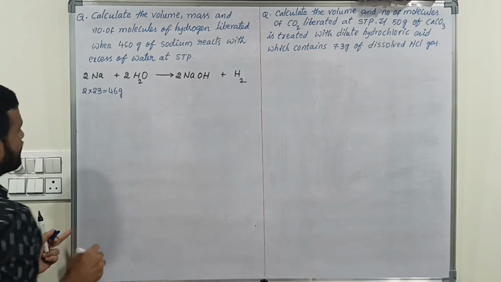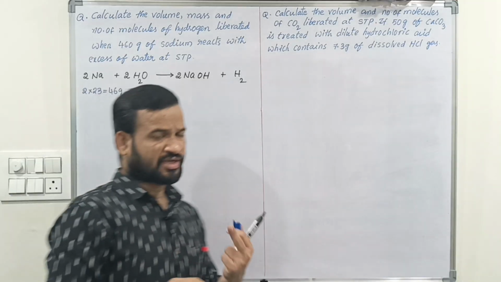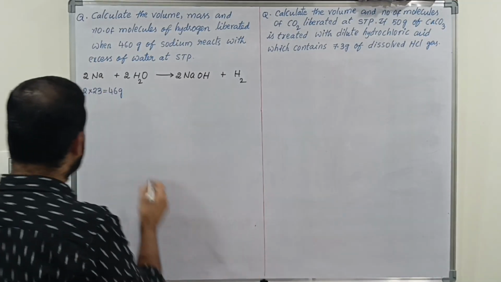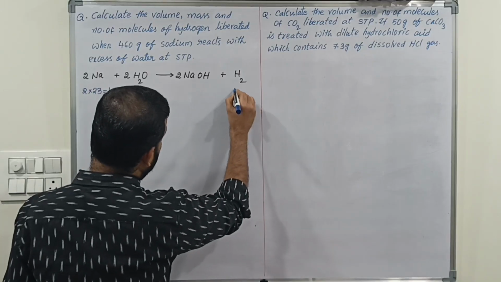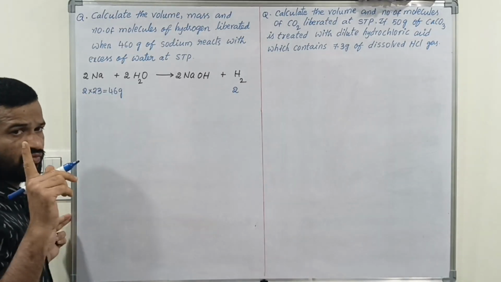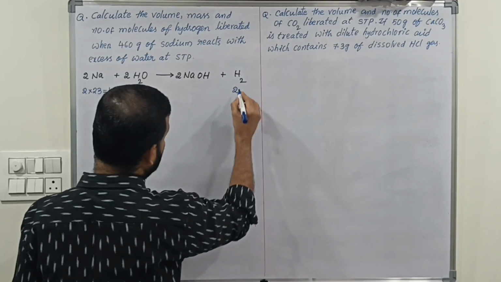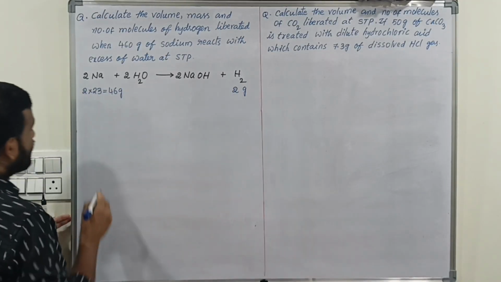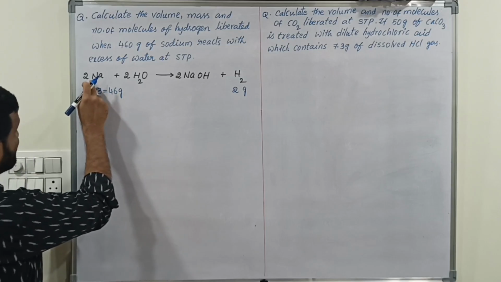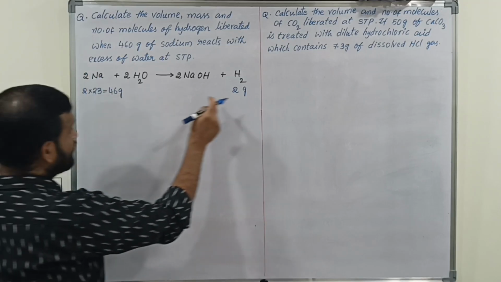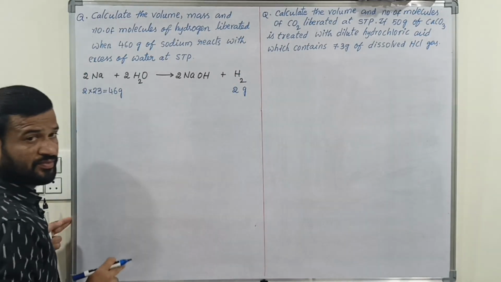If we take the atomic mass in grams, that is 46 grams. Next, hydrogen gas mass: here 2 grams. Hydrogen atomic mass is 1, so 2 into 1, 2 grams. So 46 grams of sodium gives 2 grams of H2.